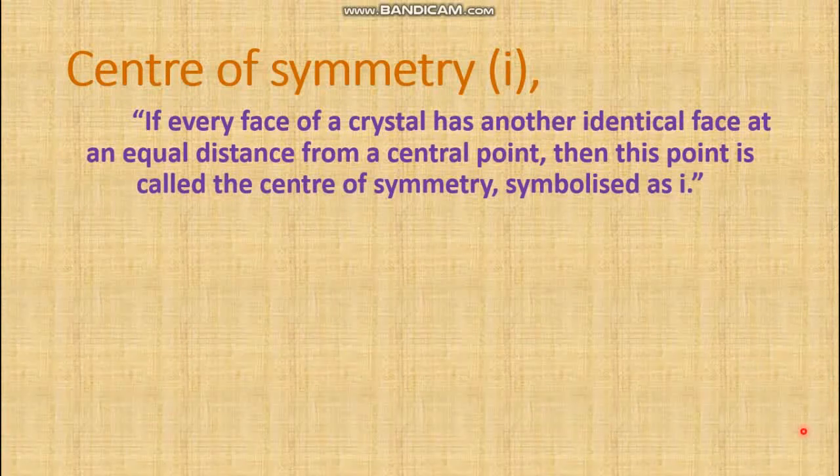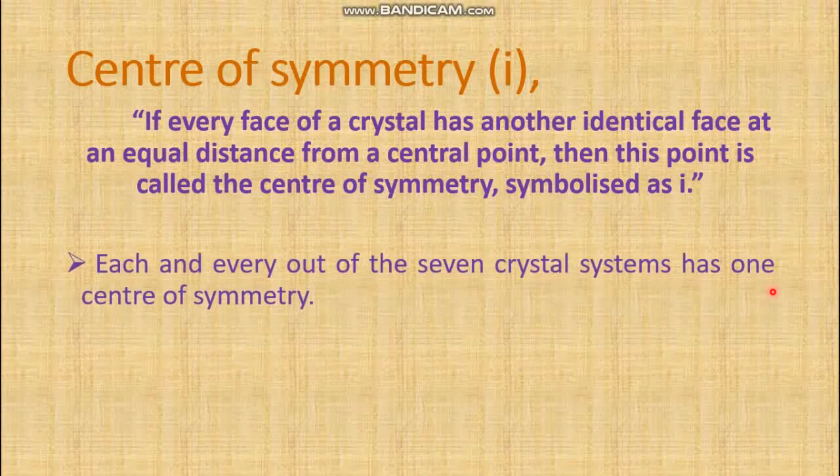So if every face of a crystal has another identical face at an equal distance from a central point, then this point is called the center of symmetry, symbolized as I. Okay, and what is the feature? The feature is that each and every one of the 7 crystal systems has one center of symmetry.